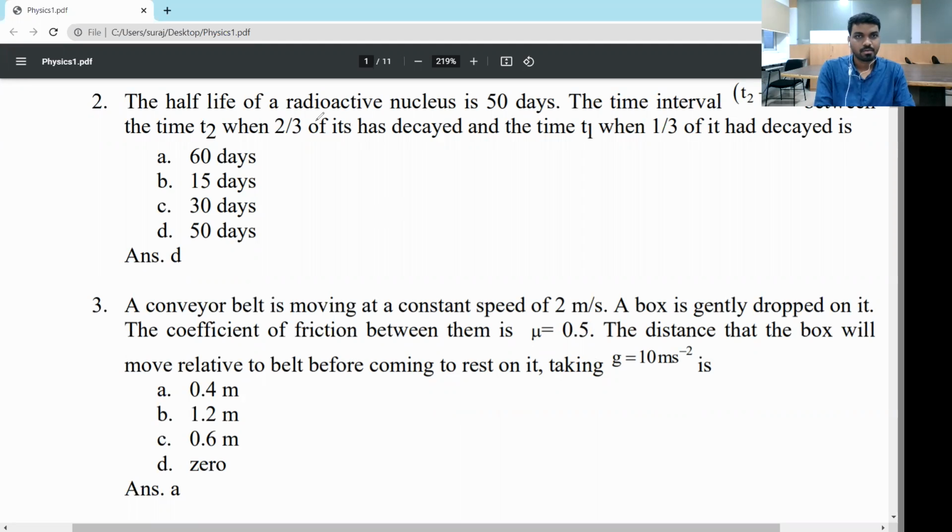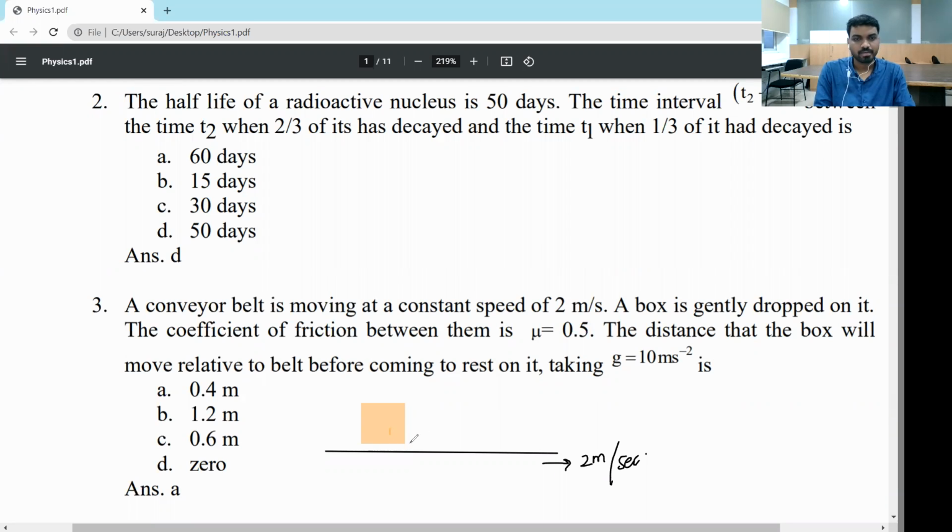Nice question. What is given here? There is a conveyor belt. The conveyor belt itself is moving at 2 meters per second. The box is gently dropped on it. So there is just a box, gently dropped on it.